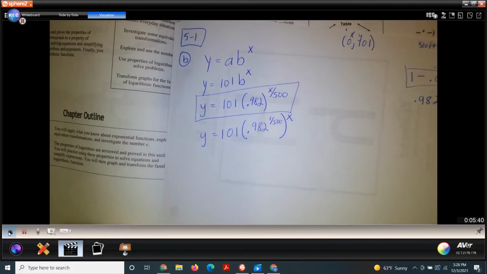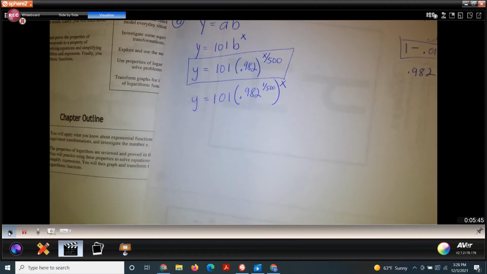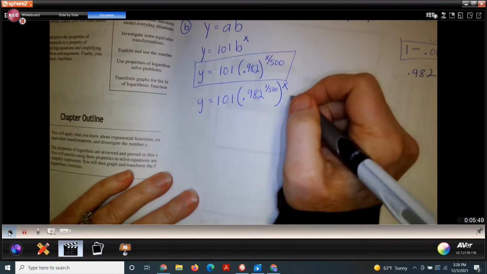Like that. And I can let my calculator calculate that for me. Let's see if your book did. Your book actually did let the calculator calculate that.